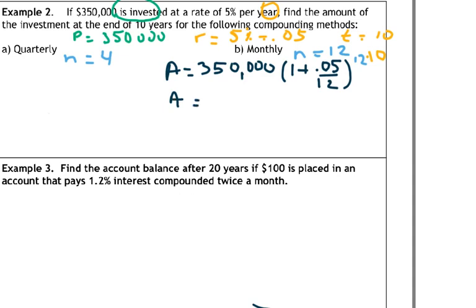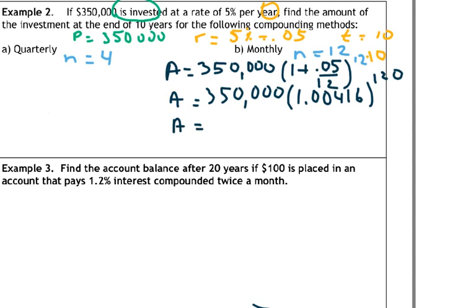Let's do the computations first here with 0.05 divided by 12 and then add on to 1. So it comes out to be 1.00416 repeating, and the exponent is 120.